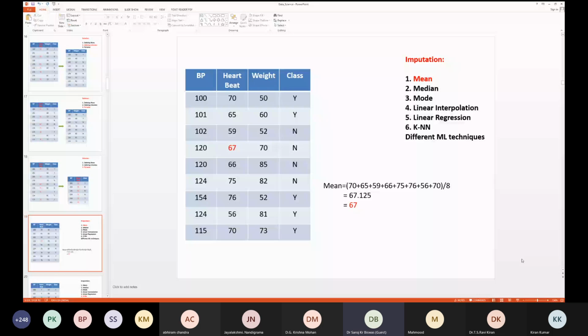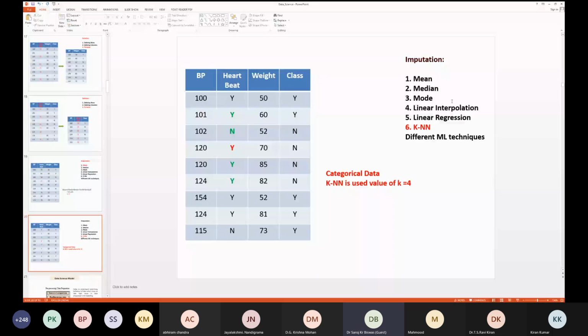For example, we use KNN to impute the data, and here the value of K is taken as 4. Try to understand KNN as a machine learning algorithm, where the value of K is a tunable parameter, meaning you have to decide how much value you are going to take. Say we take K equal to 4. Out of these, this is yes, this is no, this is yes, this is no. Which one is the majority?